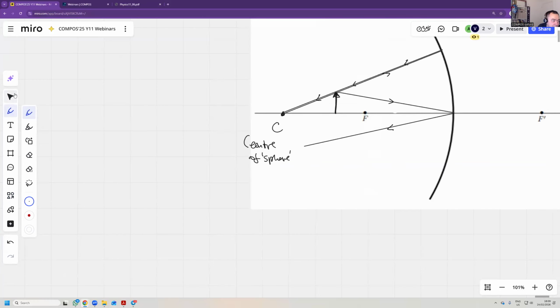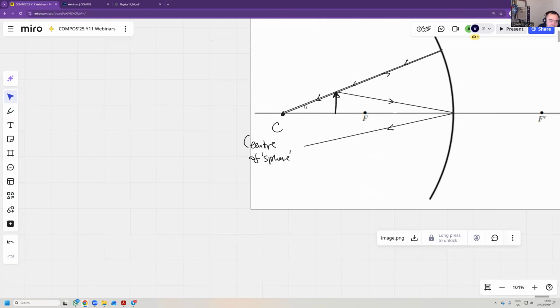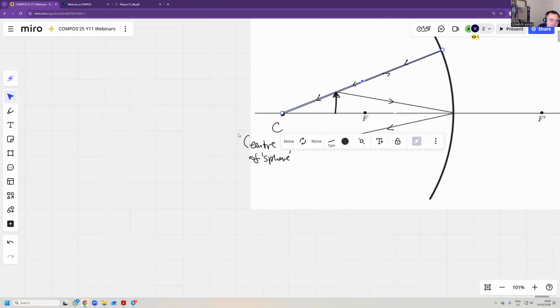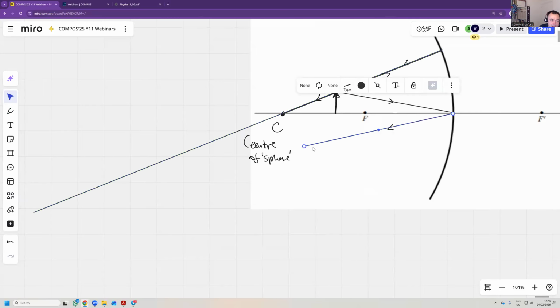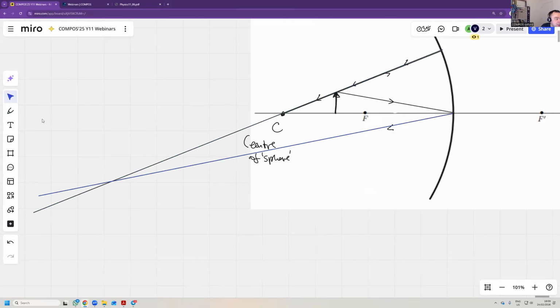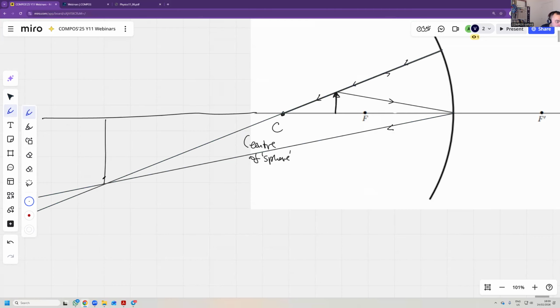So if I extend that line, and if I extend that line, that's where my image is going to be.